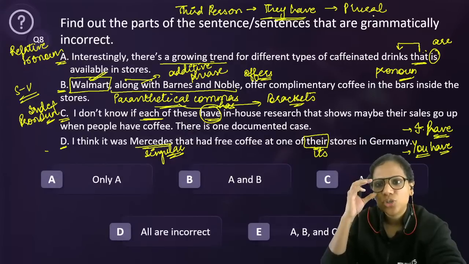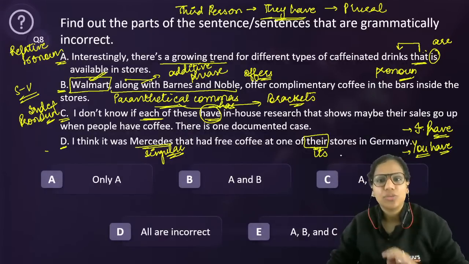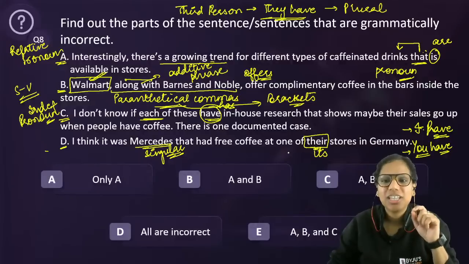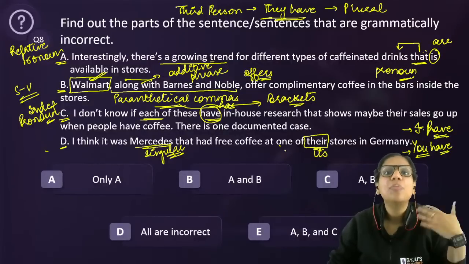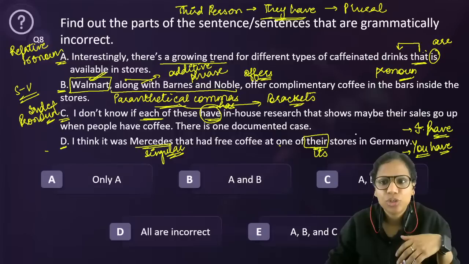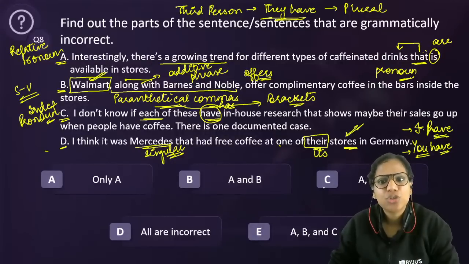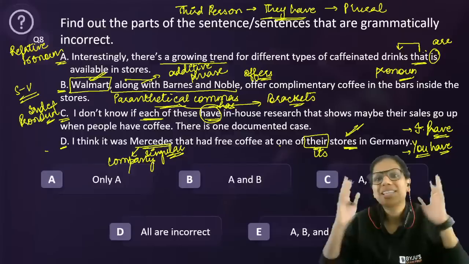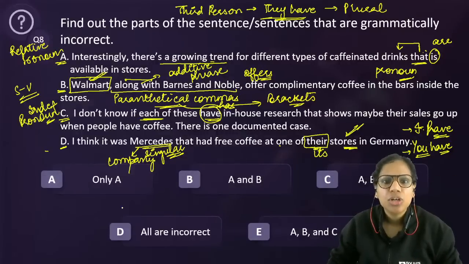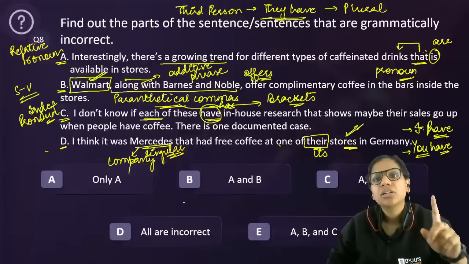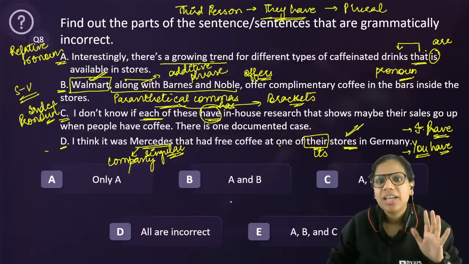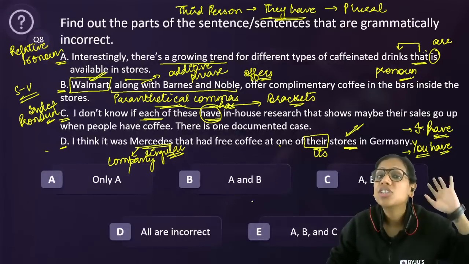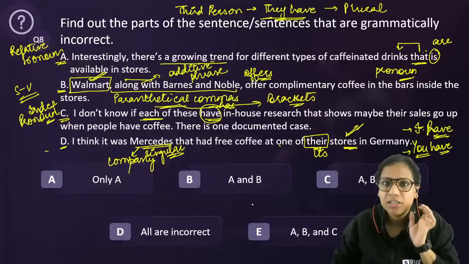Okay. Shouldn't it be one of their stores? No. I think the confusion that you have is because it is one of many. So shouldn't we use the plural? Yes, we are using the plural here for stores. See, this is one particular company, right? So for instance, if one movie has 6, 7 songs, I think it was DDLJ that had one of its songs shot in Switzerland, right?